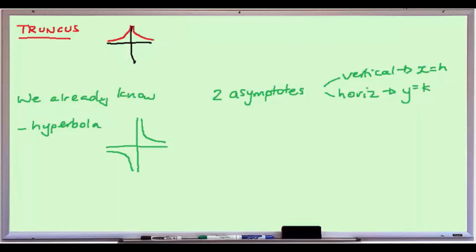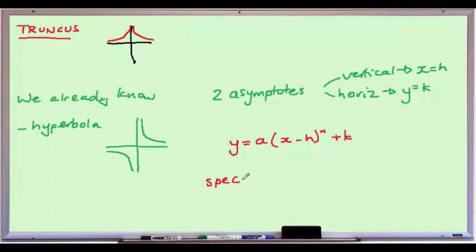Now, it's no accident that I used the equations h and k, because remember, our standard equation that we like to use is this equation where we have h and k. And h and k is a special point.